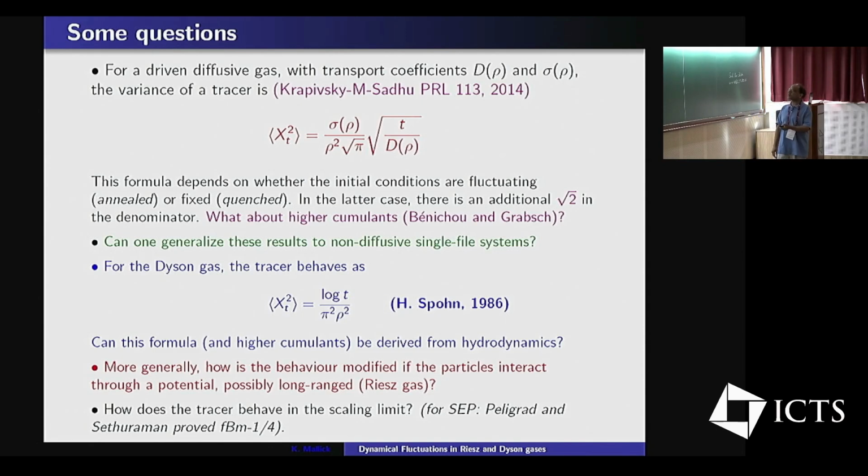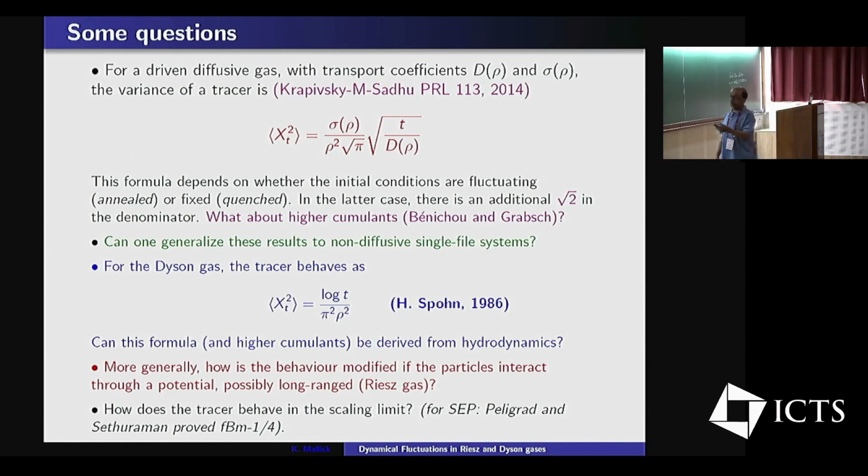So the main question I want to address today is, do these results that we have for this very simple stochastic interacting particle system generalize to some non-diffusive single-file systems, for example, gases with long-range interactions? And in fact, the very reason for this seminar, and I'm very happy that Herbert is here, is a question that Herbert asked me almost 9 years ago in Nice.